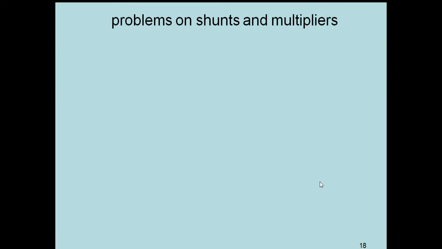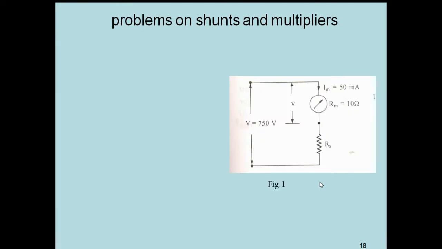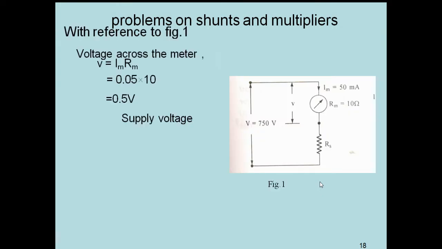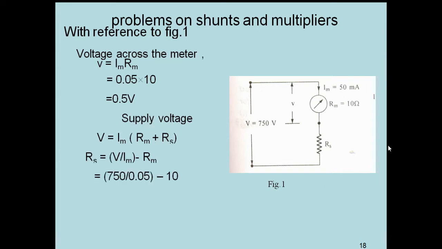So the given data is: meter current 50 milliamperes, meter resistance 10 ohms. First case, they are extending the meter to 750 volts.